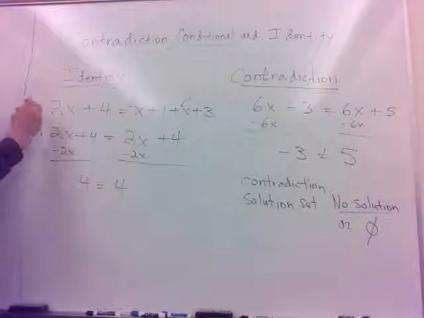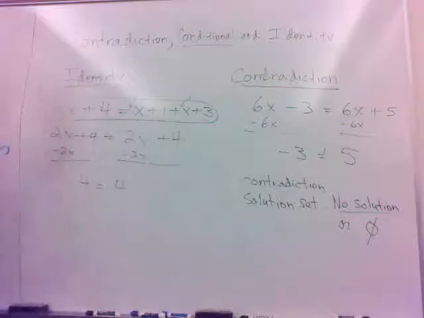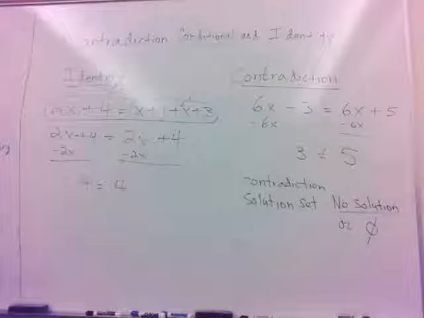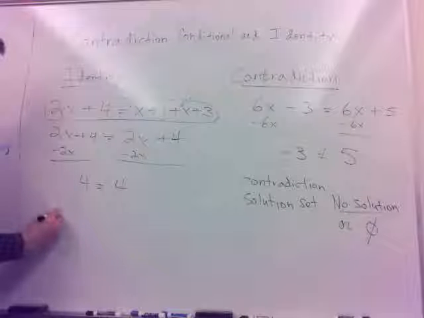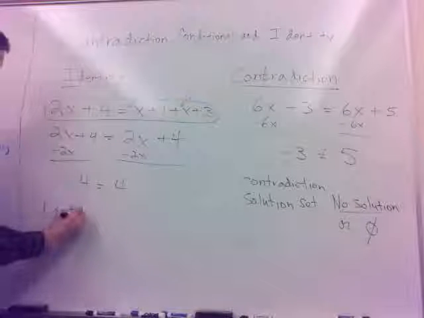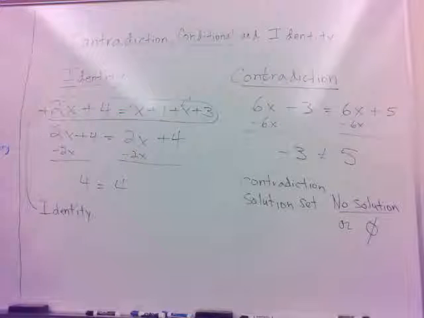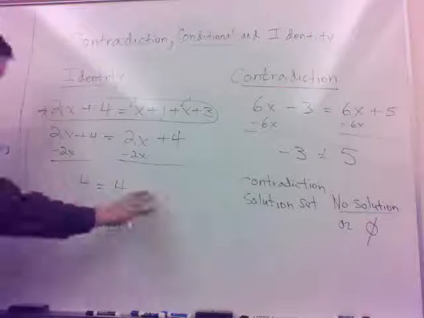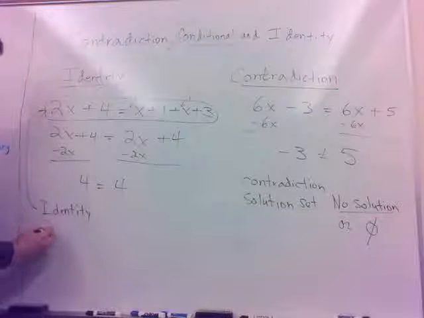What we have here is an always true statement. Referring back to the original equation, that equation leads us to 4 equals 4. That is an example of an identity. When you get an always true equation, the equation is referred to as an identity. So if we get a statement such as 4 equals 4, that's an example of an identity.